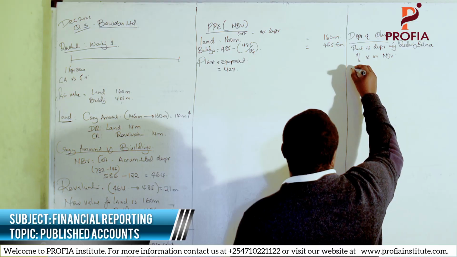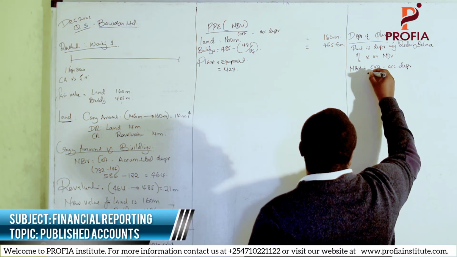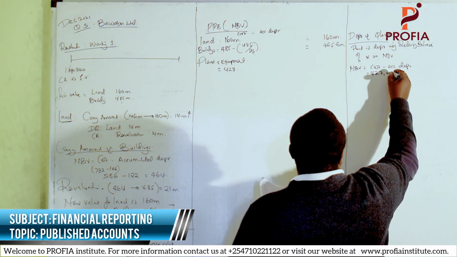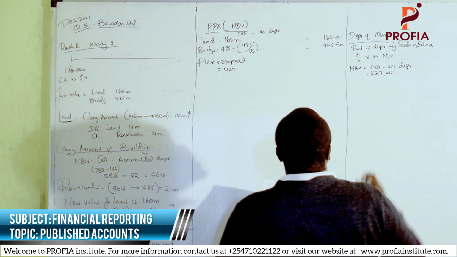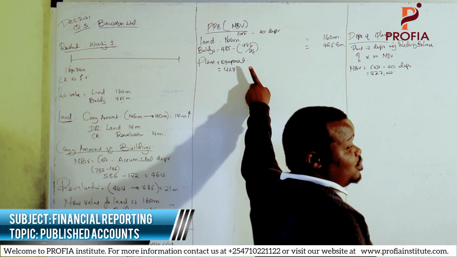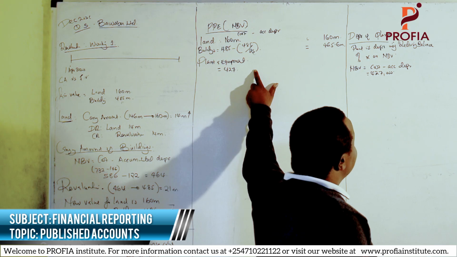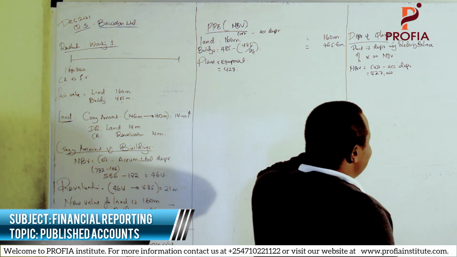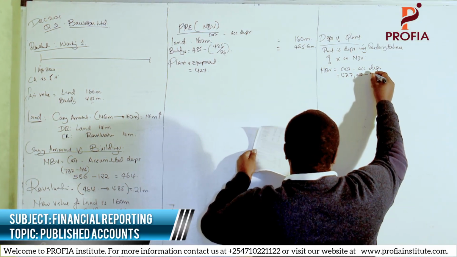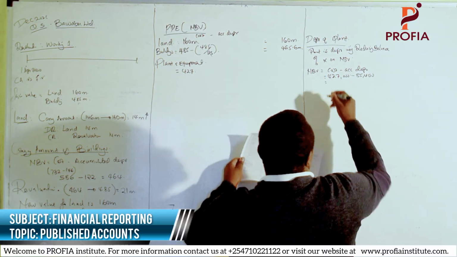We know net book value is equal to cost minus accumulated depreciation, and the cost is 427,000. Okay, I'm doing this so that you can understand where we are coming from with this one. I know in an exam situation we are going to use this only once, but for now, for the purposes of you also to jumpstart your brain, I'm going to use this. And I'll ask myself, what is accumulated depreciation of the plant and equipment? It is 85,400. Okay, that will give us how much?